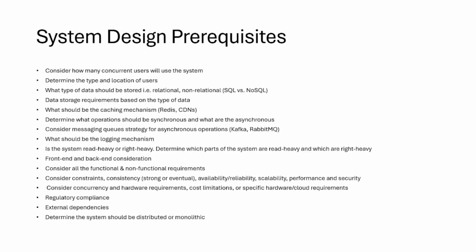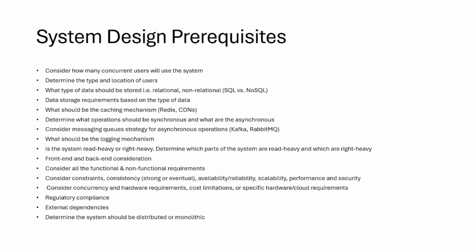Consider constraints and consistency, such as strong or eventual consistency. For example, strong consistency is needed when you have a financial transaction, or eventual consistency is needed where you need to count the likes of a particular web page. So you have to determine which part of your system needs which consistency.